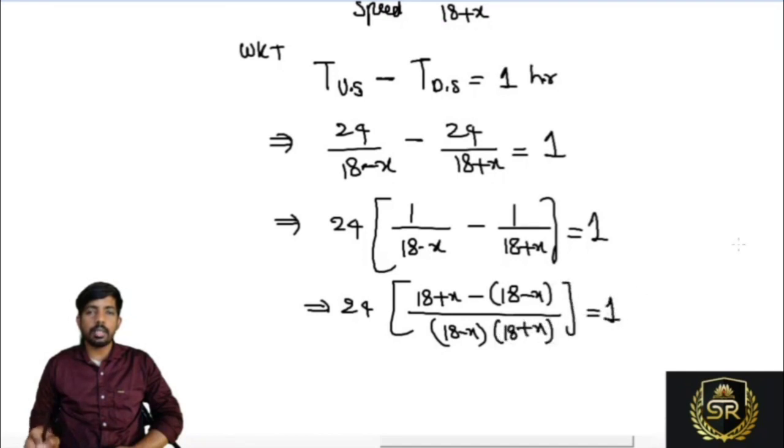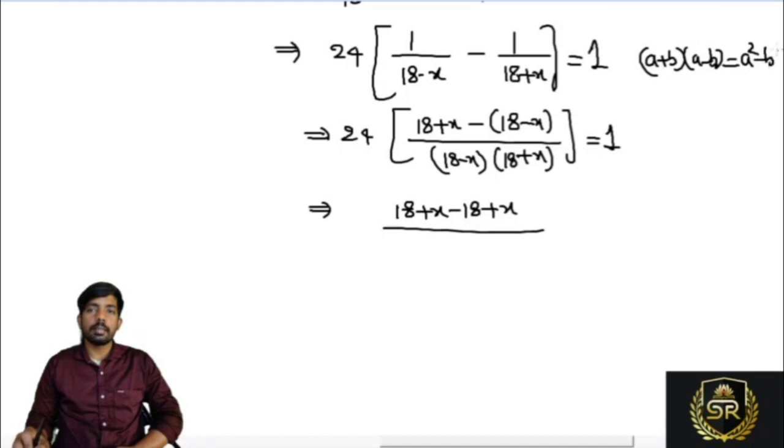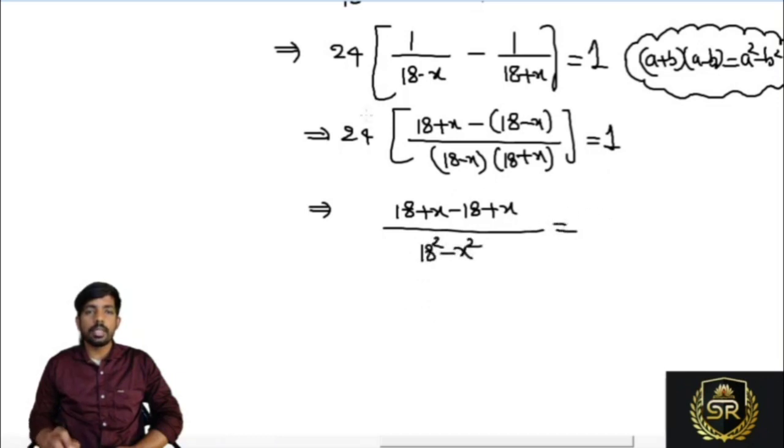Here we have the formula a plus b into a minus b equals a square minus b square. So this is 18 square minus x square equals 1 by 24, and 18 cancels, giving 2x by 18 square minus x square.